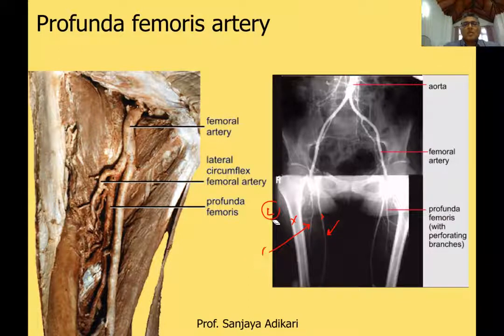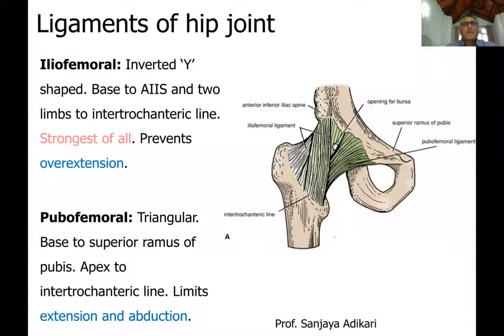So it becomes important in an arteriogram like this. In an arteriogram, sometimes if there is a block here, this can be less prominent, this can be more prominent. So don't get confused between the superficial and deep femoral arteries. Go by the relative position to the femur, lateral medial.